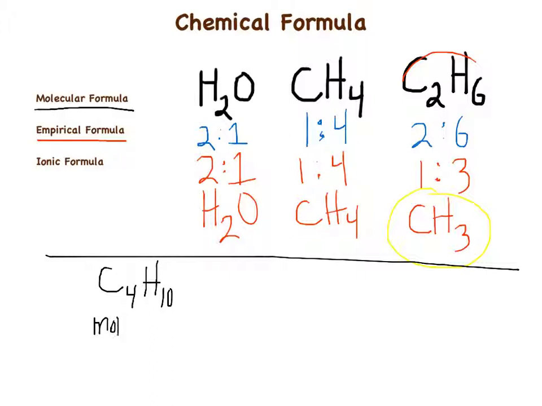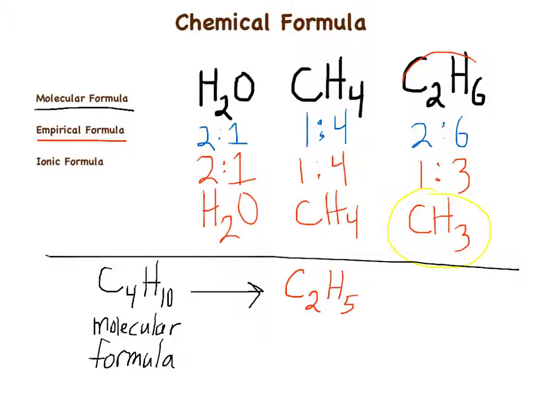It's hard to write with this. So this can be reduced to the empirical formula, which is going to be, let me change to red, a 4 to 10 ratio, so that can be reduced down to C2H5.